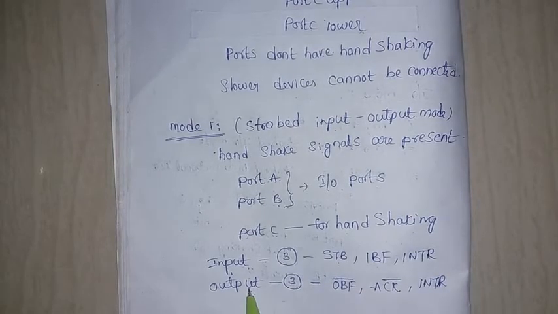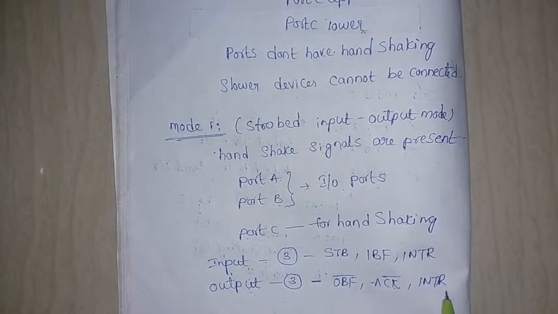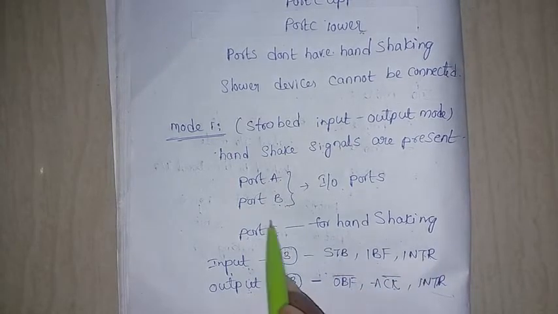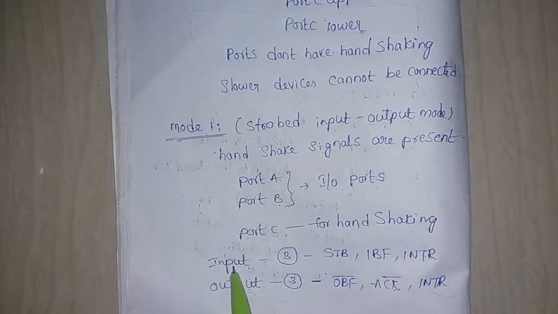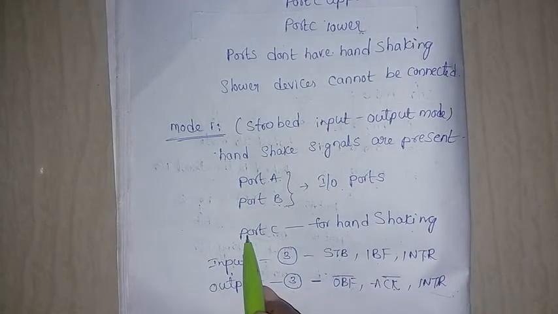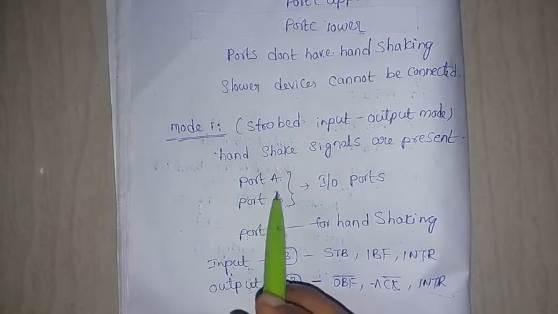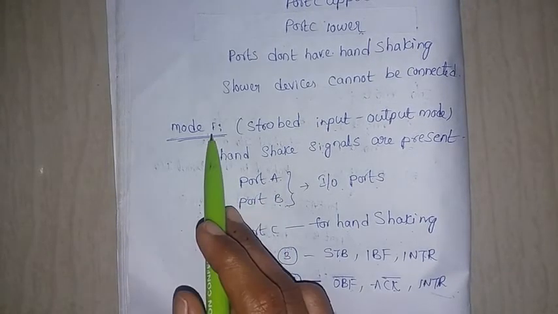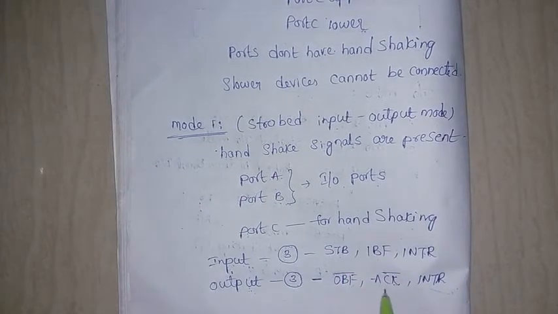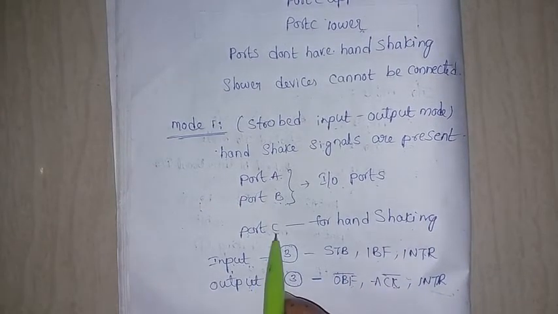For output handshaking, 3 other signals are needed. These are also generated by using port C. So when you operate port A and port B in mode 1, a total of 6 signals are generated by port C.